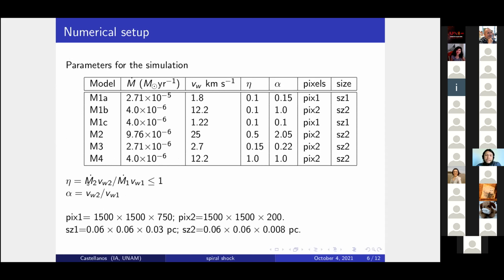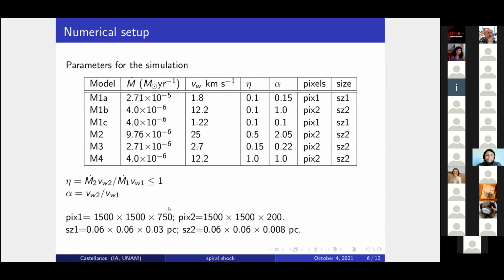Here, eta is the wind ram pressure ratio, and alpha is the wind velocity ratio from the secondary to the primary star. As we can see from the wind ram pressure ratio, the wind of the principal star dominates over the secondary.